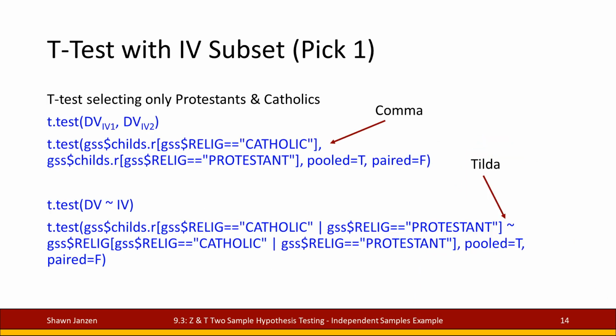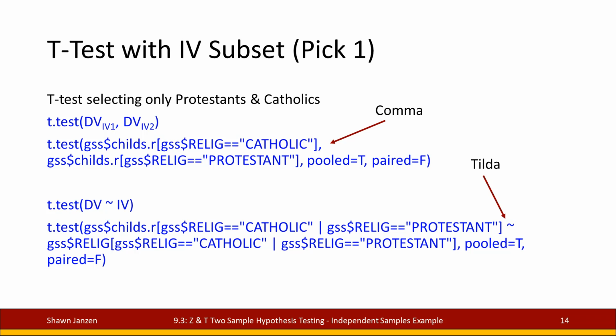And the first version I'm going to show you is doing a subset for each one. Now, keep in mind, I have in the top and the bottom 2 different ways that you can run your t-test function. The first one is using the DV, so the number of children of group 1, comma, the DV, the number of children of group 2.